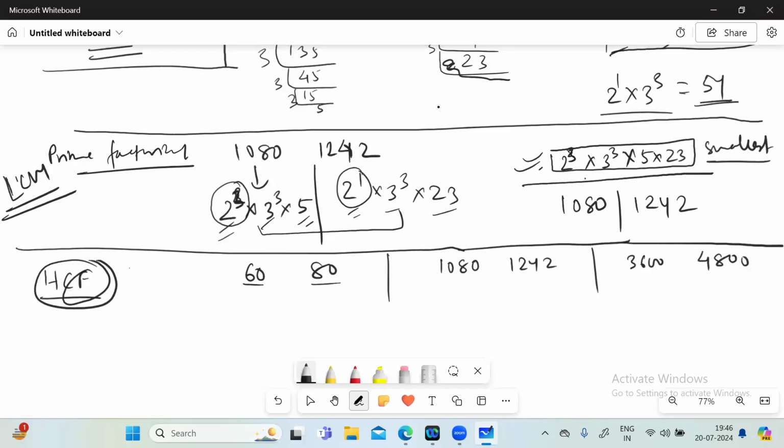P. So here the numbers actually are 20 into 3 and 20 into 4. Here 20 was the HCF.